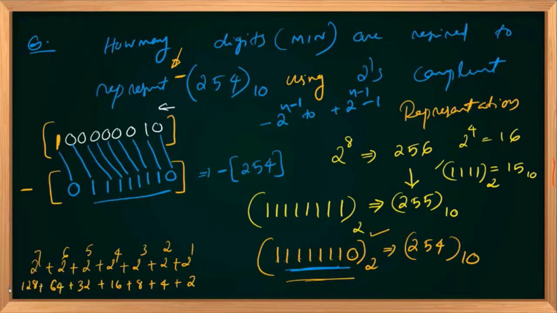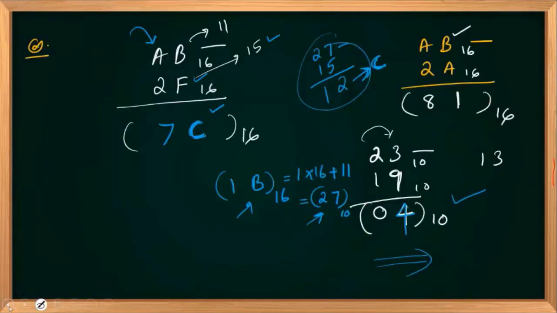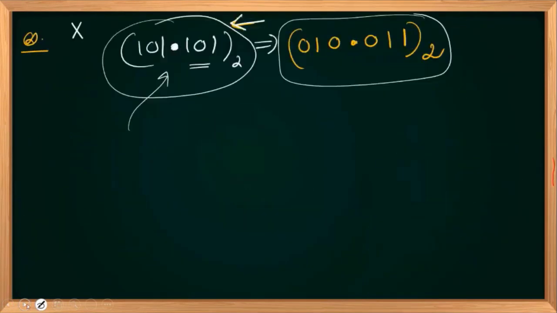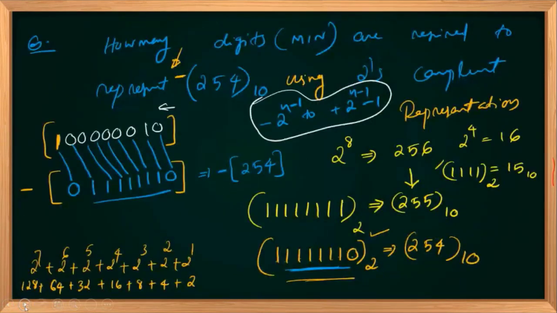That was our range of numbers using two's complement representation. Correct. That was the range. Okay. So if I'm substituting that, your answer was 9.